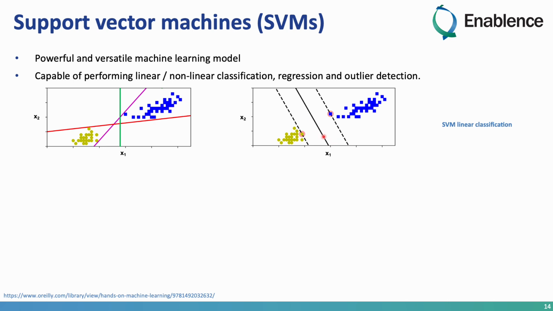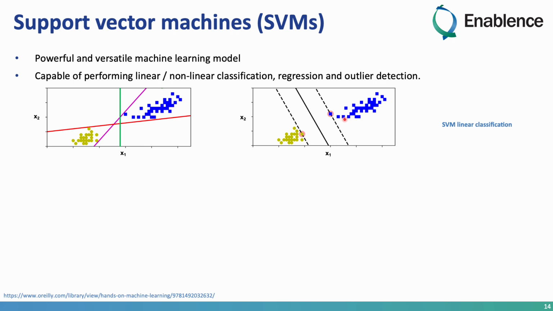The decision boundary not only separates the two classes, but also stays as far away from the closest training instances as possible. You can think of an SVM classifier as trying to fit the widest possible street between the two classes. Now, this decision boundary is fully determined or supported by the instances located on the edges of the street.